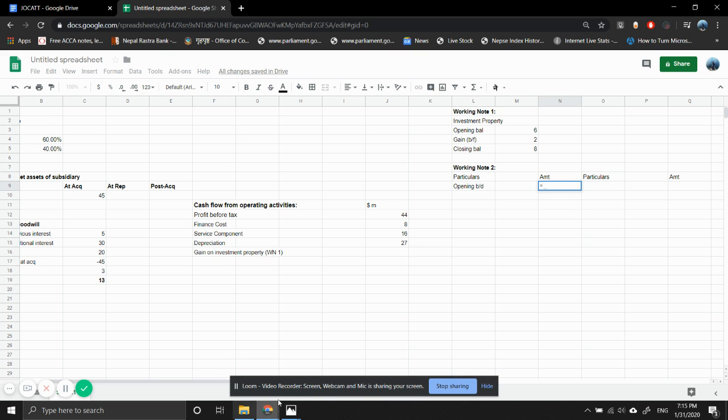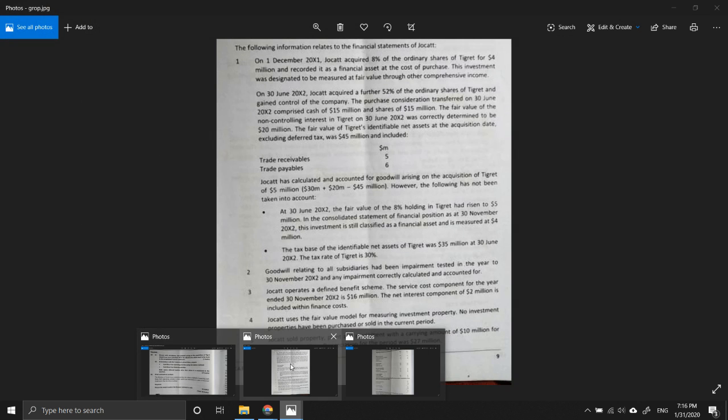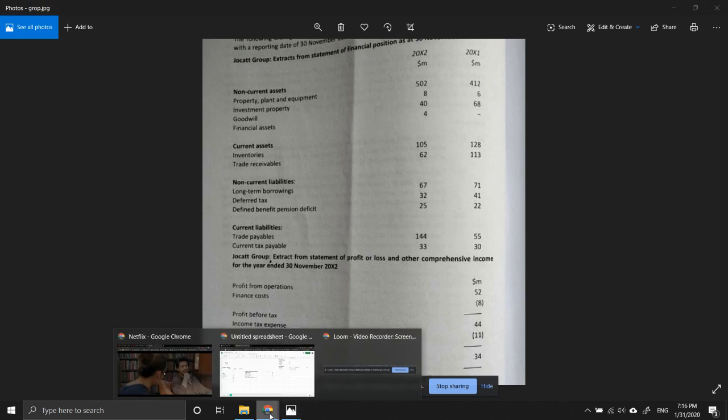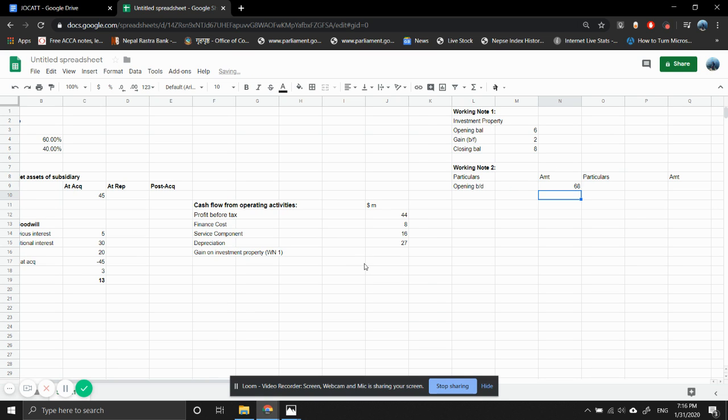This is from this 68, and then closing is 40. 68, okay. So addition, purchase. Alright, so addition is 13 from here.